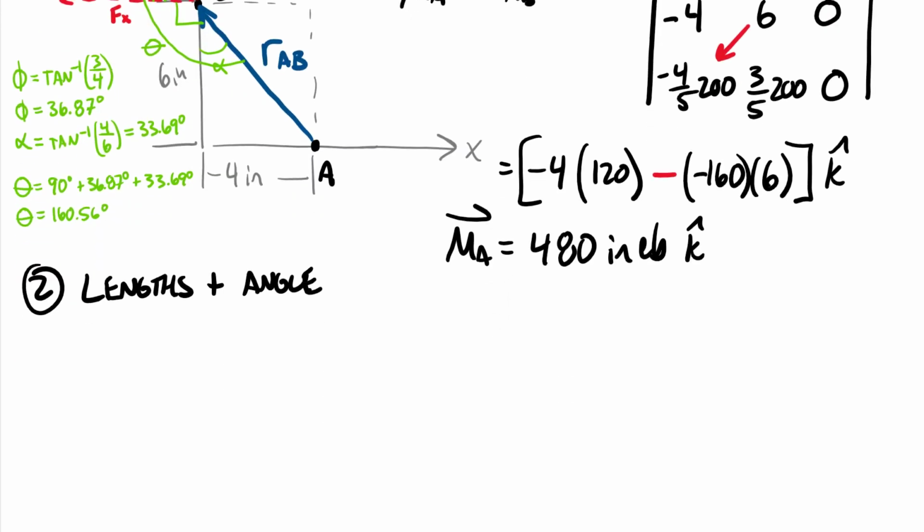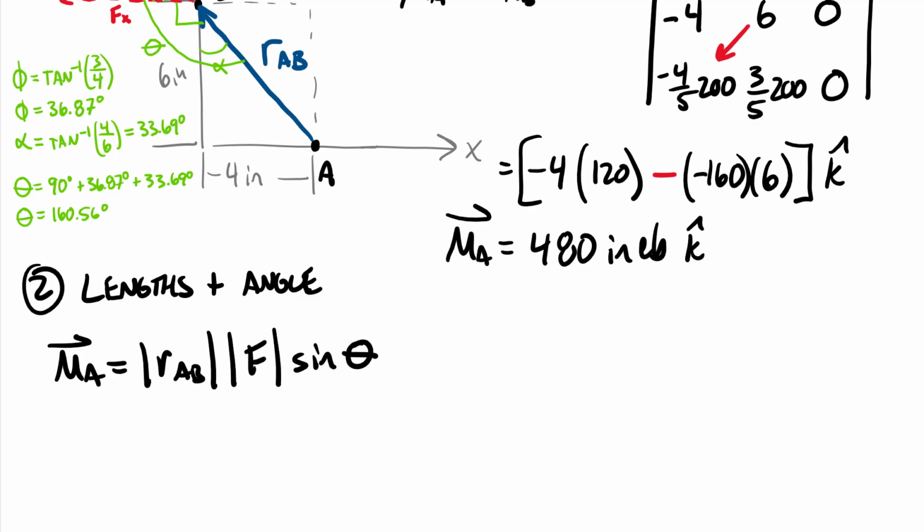And that is in the form that the moment about point A as a vector is equal to the length of our AB times the magnitude of my force F times the sine of this angle between them, which is theta, and that's going to be times that unit vector u hat, which is going to come from the right-hand rule.